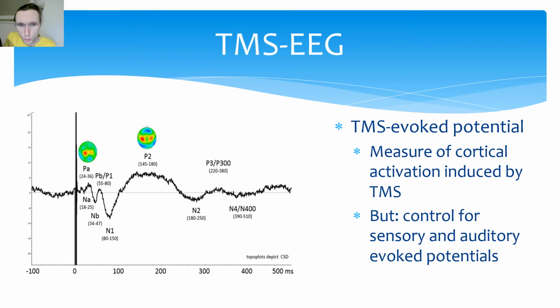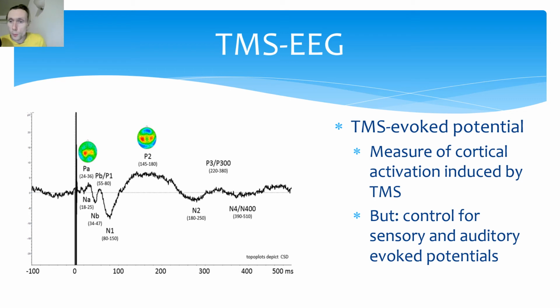Whereas the P2 component is more related to glutamatergic activating neurons. So for example, if you would give a certain intervention, maybe a pharmaceutical drug, to increase glutamatergic activity in the brain, then you could measure this by applying TMS-EEG, and you would see an increase in the P2 component. So that's really cool.